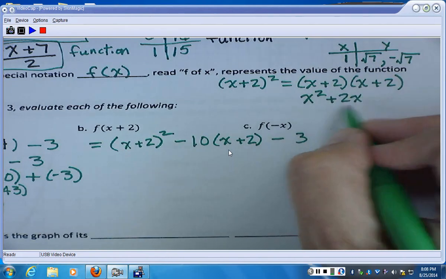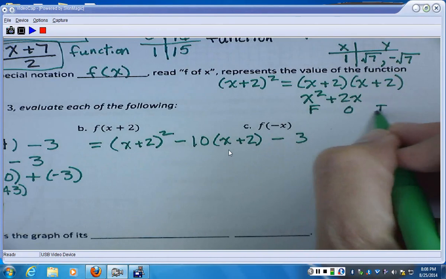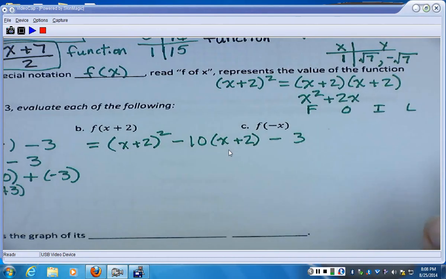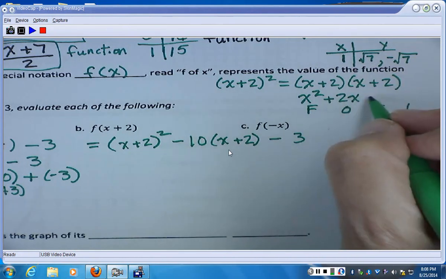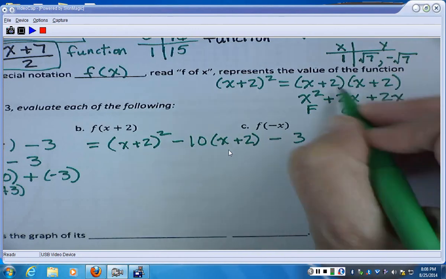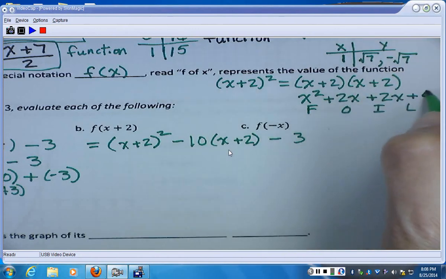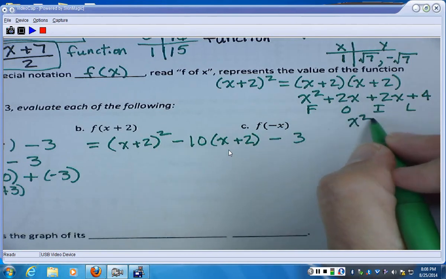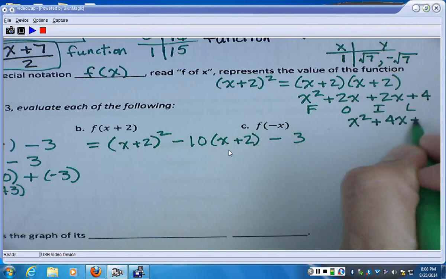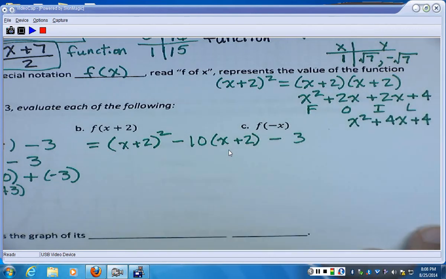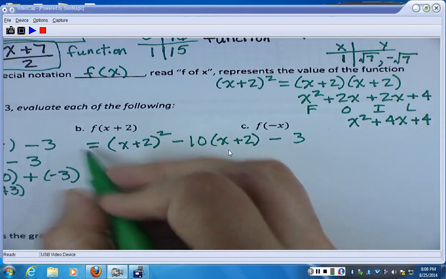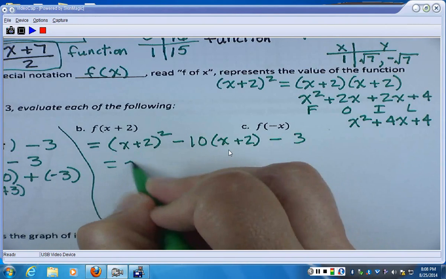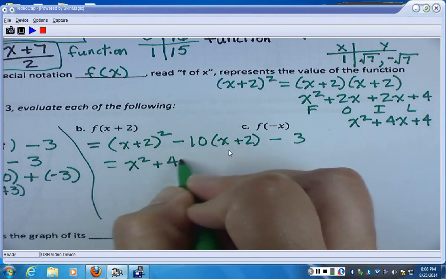Inner is 2x, and they're all positive. And 2 times 2 is 4. Then combine your like terms. You get x squared plus 4x plus 4, unless you have it memorized. You can do that off to the side somewhere. This equals x squared plus 4x plus 4.